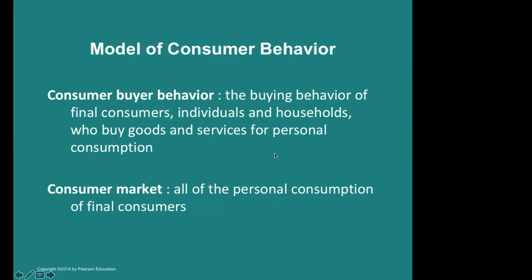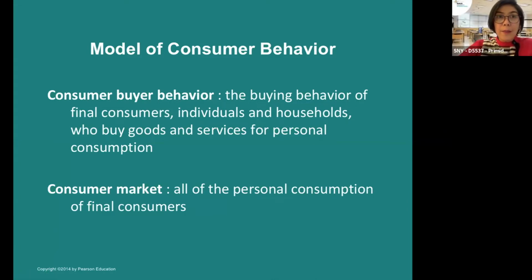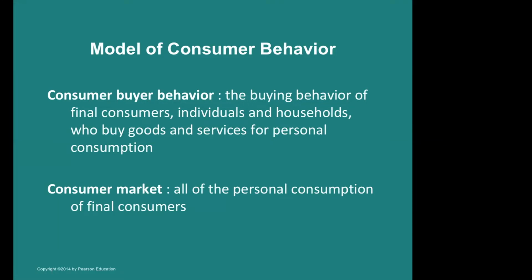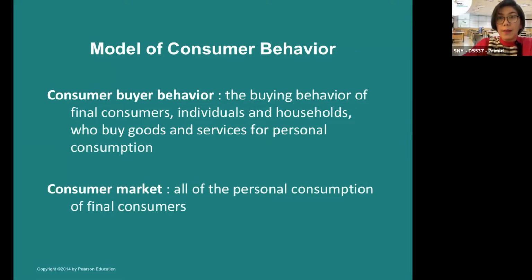Okay. Now, if we understand what the consumer market is, then what is consumer buyer behavior? Consumer buyer behavior is the study of the buying behavior of the end users, or we call them final consumers, or individuals in the consumer market, for personal consumption. And when we talk about consumer buyer behavior, it does not stop at the stage where the consumer purchased the product.